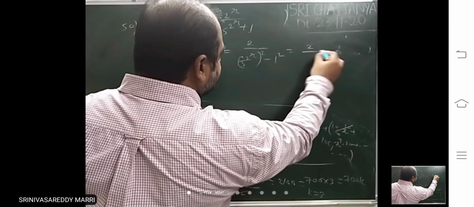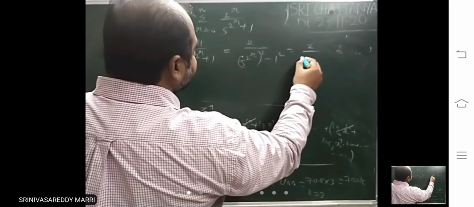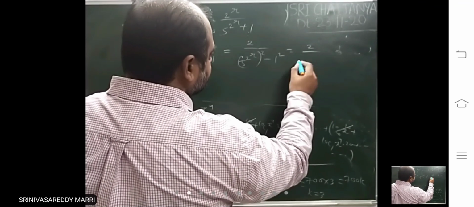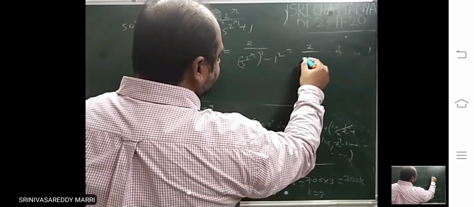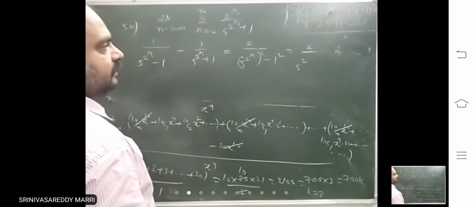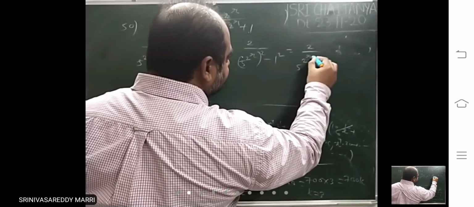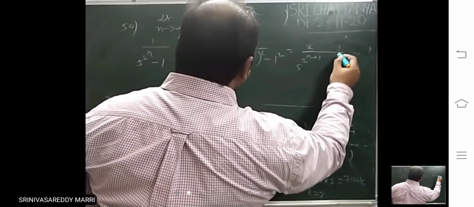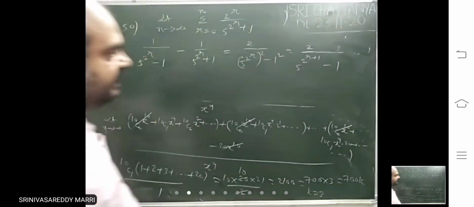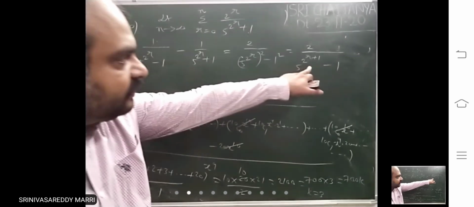That means you will get 2 divided by 5 power 2 into 2 power r, that is 2 power r plus 1, 2 power r plus 1 minus 1. You got this difference.